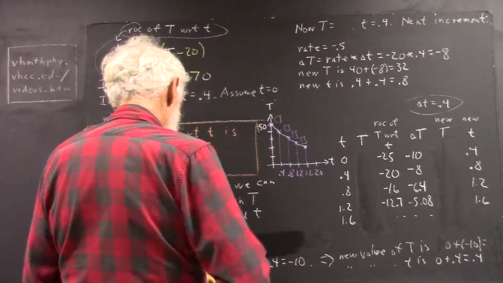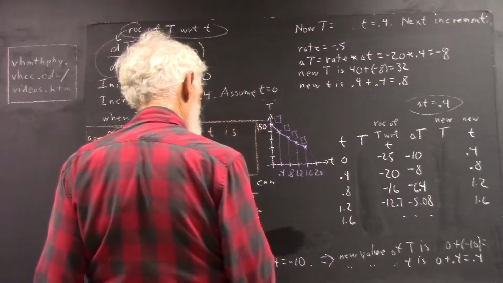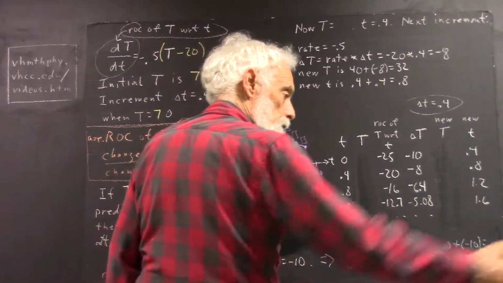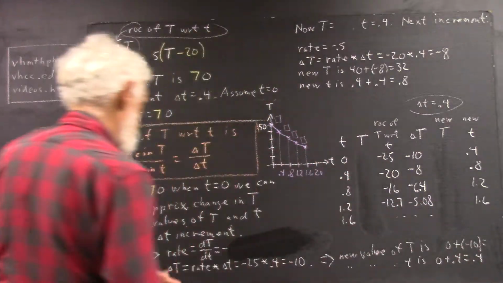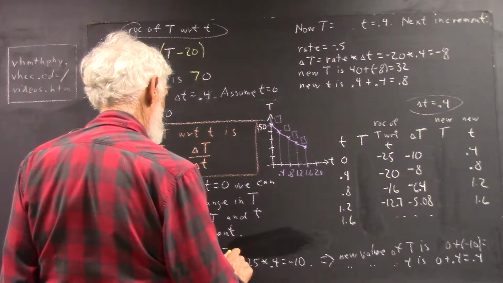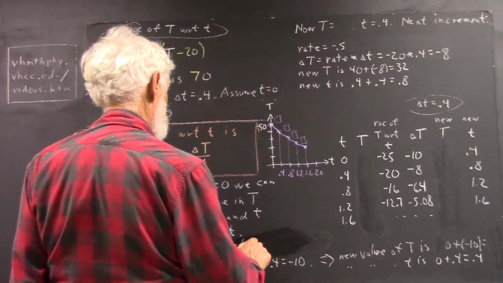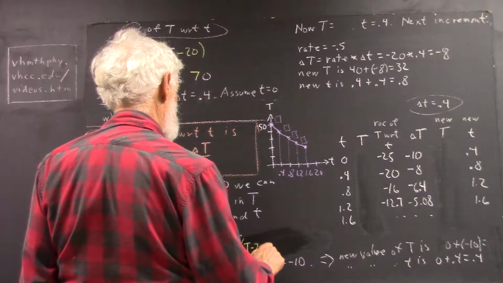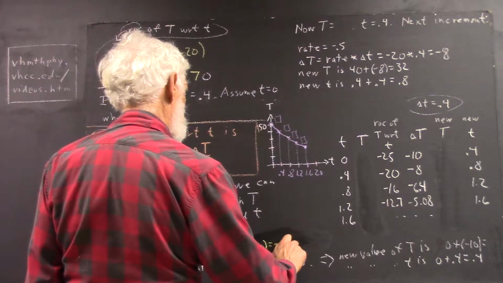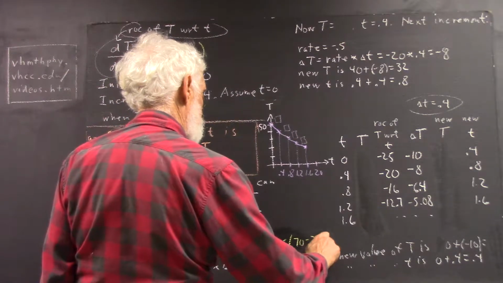I didn't change what I thought I'd changed here, so let's fix that. The rule says that the rate of change of temperature with respect to time is going to be negative 0.5 times big T minus 20, which is negative 0.5 times 70 minus 20.